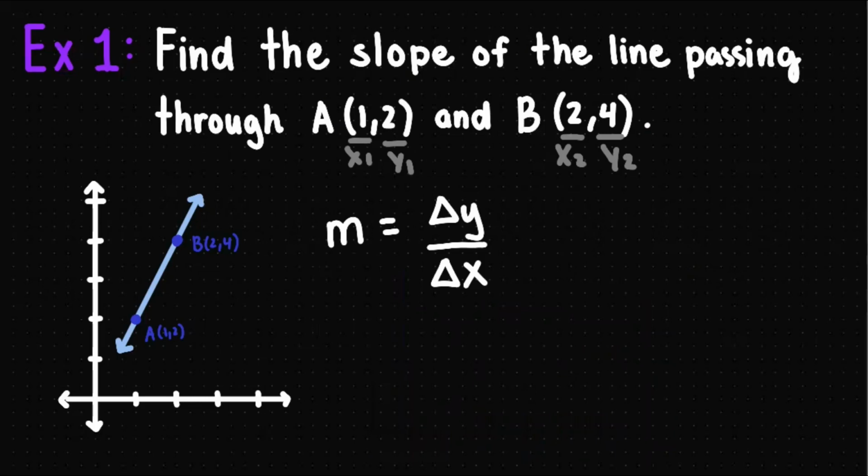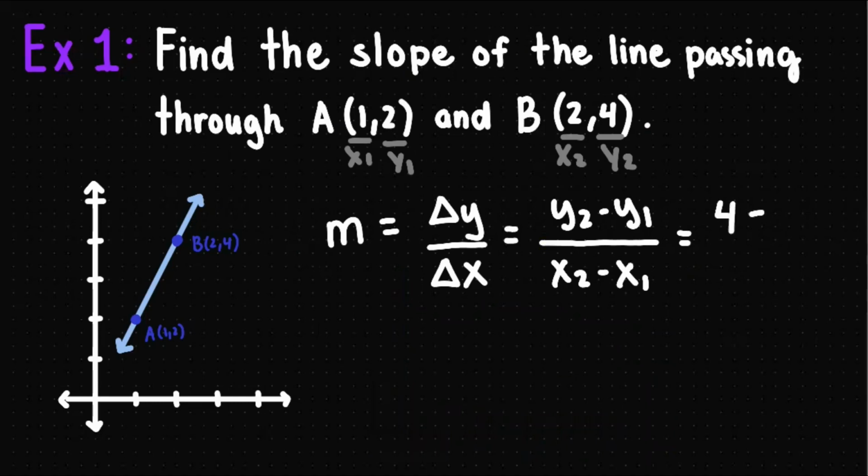So going back, the change in y is given by y sub 2 minus y sub 1, over the change in x, which is given by x sub 2 minus x sub 1. Applying what we have set above, we have here y sub 2 is 4 minus y sub 1 is 2, over x sub 2 is 2 minus x sub 1 is 1.